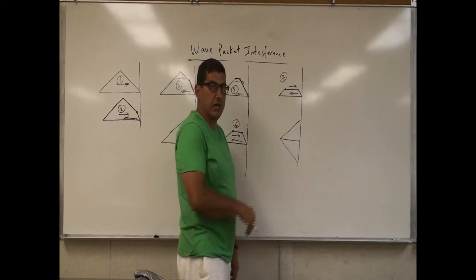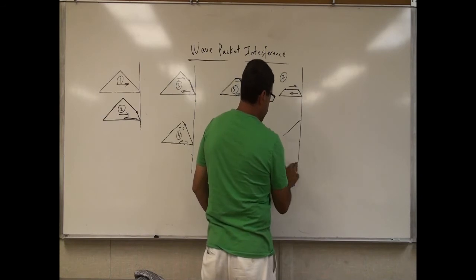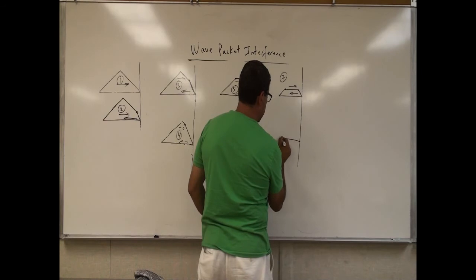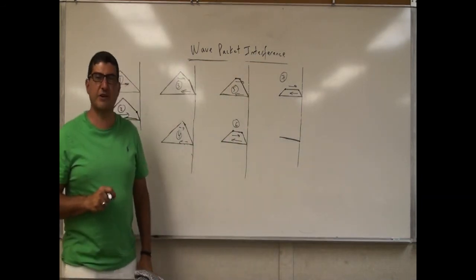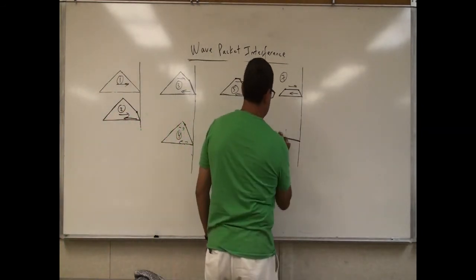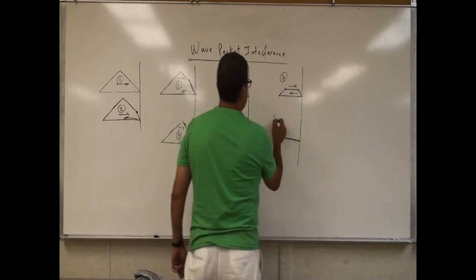So what's the resultant wave? Just a straight line. Complete destructive interference. So the wave will just look like a straight line for a split second, right? So the wave packet looks like a straight line. Of course, it's a little bit shorter than this, okay? Okay, so this is the 8th one.